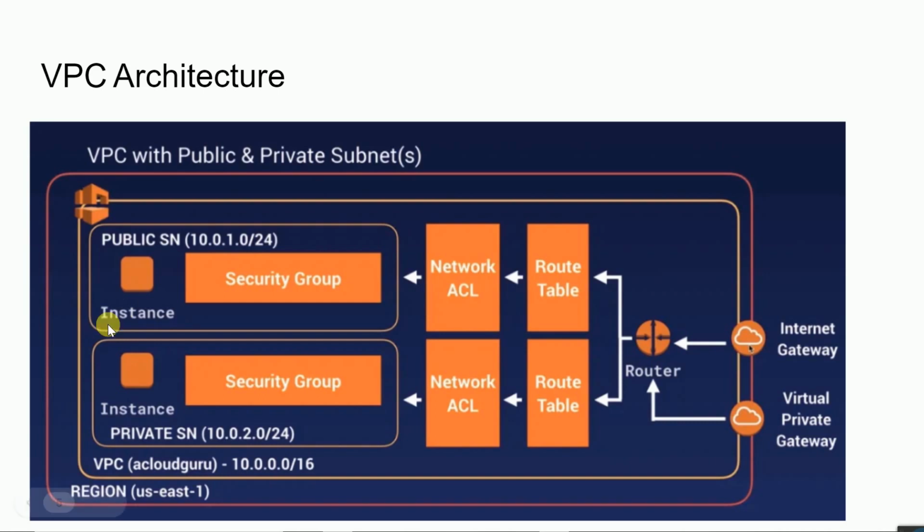I'm going to create one VPC with the name of tech VPC, and I'm going to use the IP address block 10.0.0.0/16. In the public subnet I'm going to use 10.0.1 and the private one would be 10.0.2.